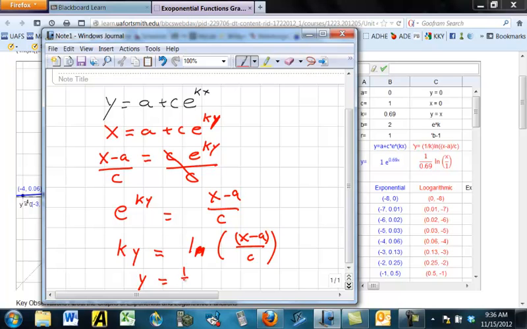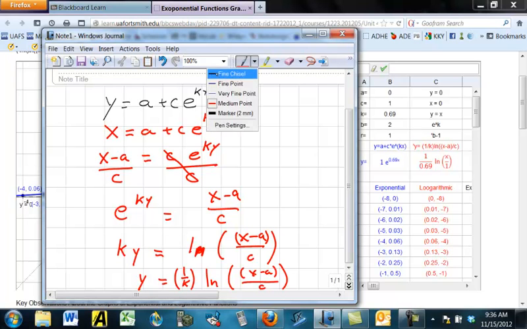So y is 1 over k times ln of (x minus a) over c. If this original function is f of x, then this new function is f inverse of x.